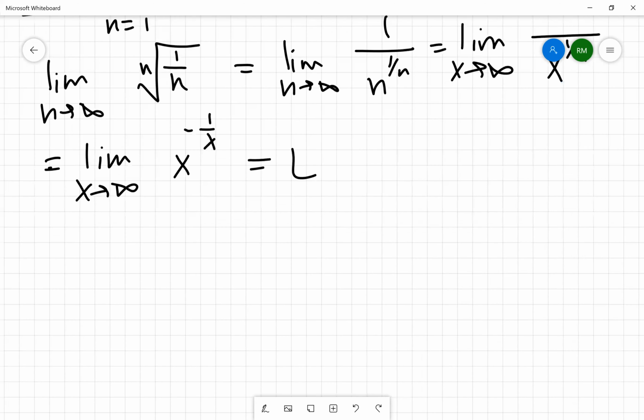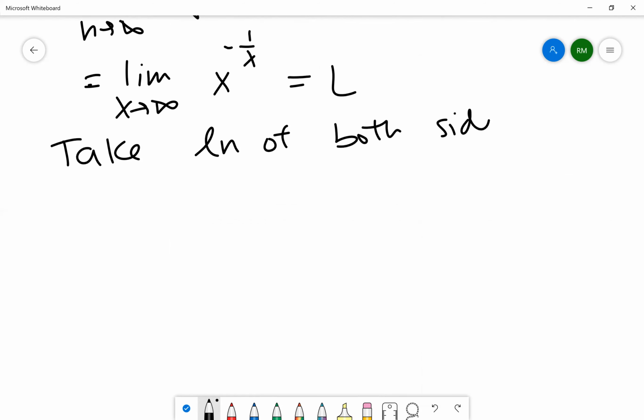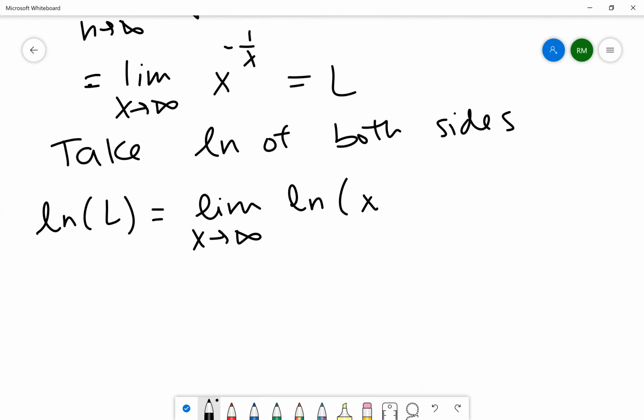So the technique for this is we set it equal to L, and we take the natural log of both sides. And so what we should get is the natural log of L is the limit as x goes to infinity of the natural log of x to the negative 1 over x, which is the limit as x goes to infinity of negative 1 over x times the natural log of x.